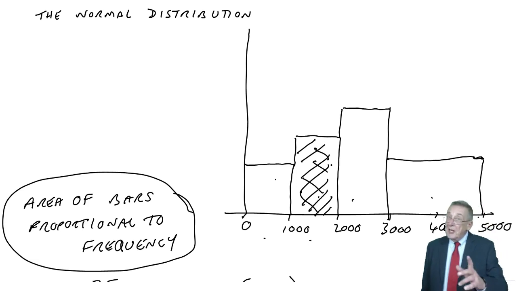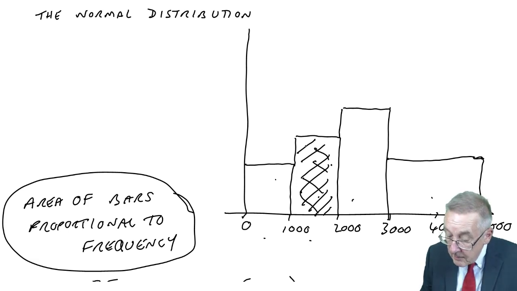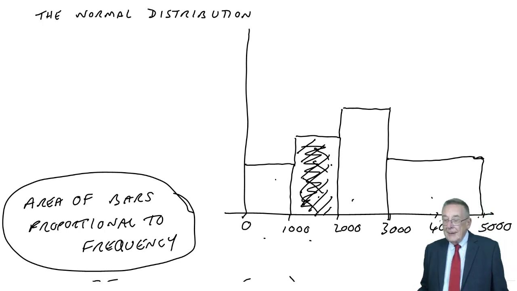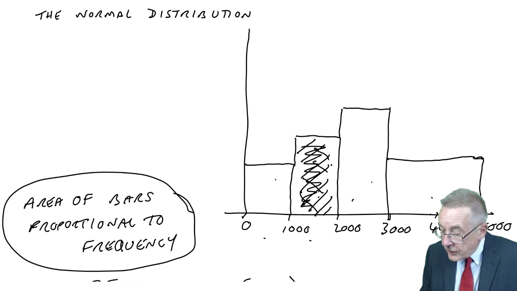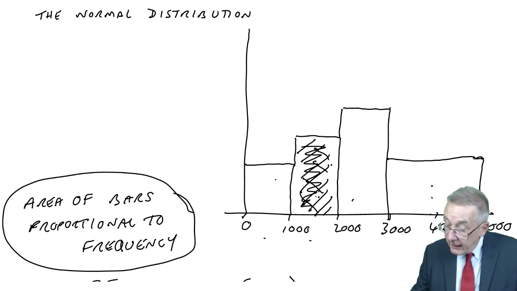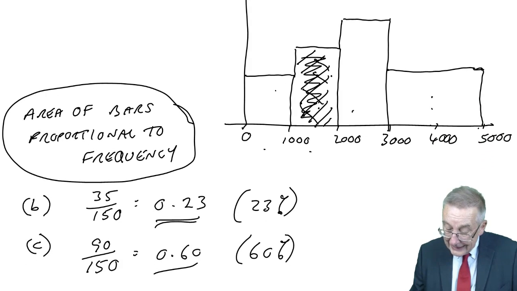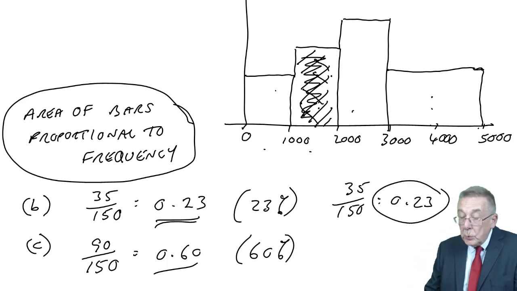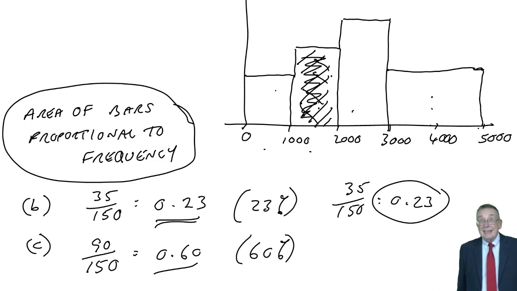And don't worry, you're not going to have to do this in the exam, but if I took a ruler and measured this area, and I measured the area of all the bars, then we'd find that this area would be 23/100ths, it would be 0.23, of the total area of all the bars.